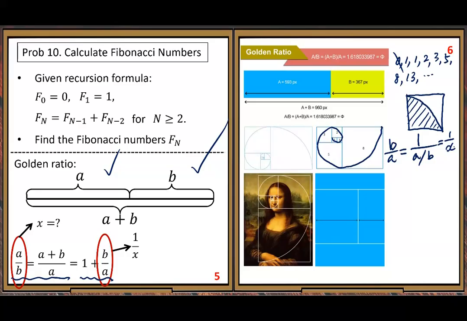Then we have the second way to see it. This time, we want to see the relationship between these two fractions. The first one is A over B. The second one is B over A. Let's multiply these two fractions together. After you do cancellation, it equals 1, right? So we start with this simple identity. Now, by our variable substitution, the first fraction should be x.